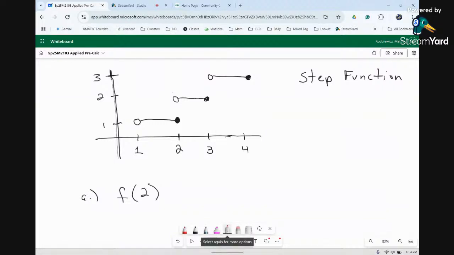Because we're going to input 2, so 2 is our x value. We look up to where the output is, which is right there, and on the y-axis, it's a 1. So, cool. The end of story.